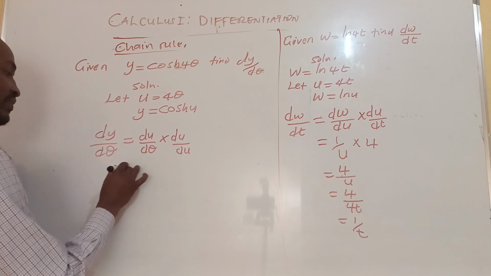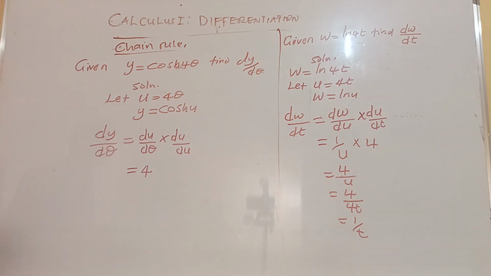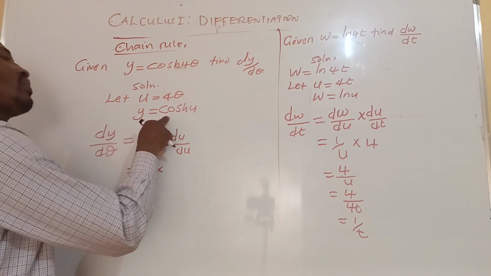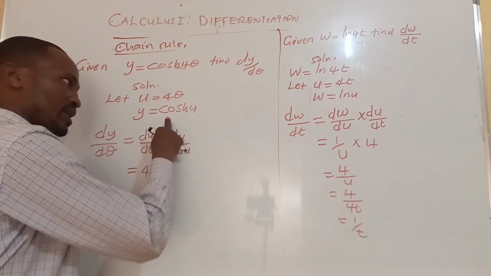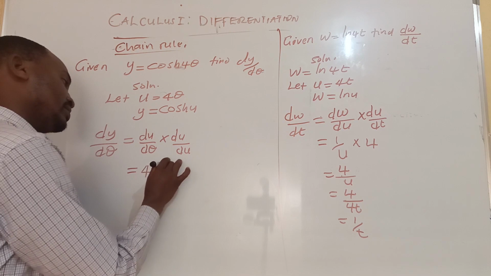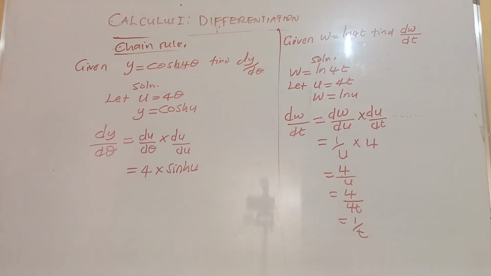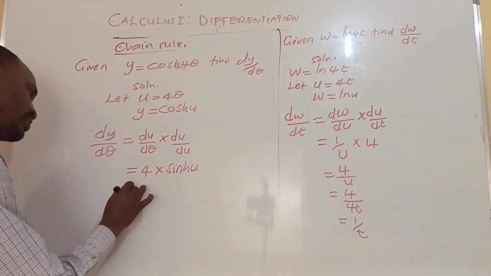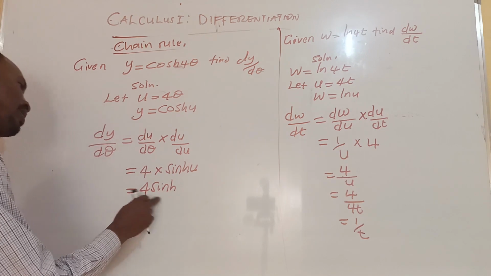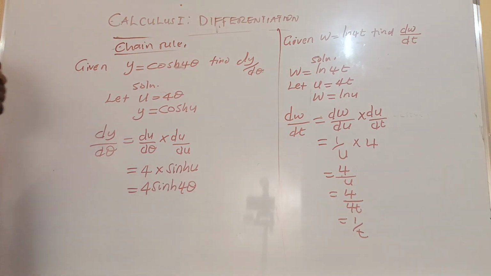If you differentiate 4 theta with respect to theta, it will be 4, times you differentiate the hyperbolic cosine of u, you get the hyperbolic sine of u. So now you substitute the value of u to be 4 hyperbolic sine of 4 theta.